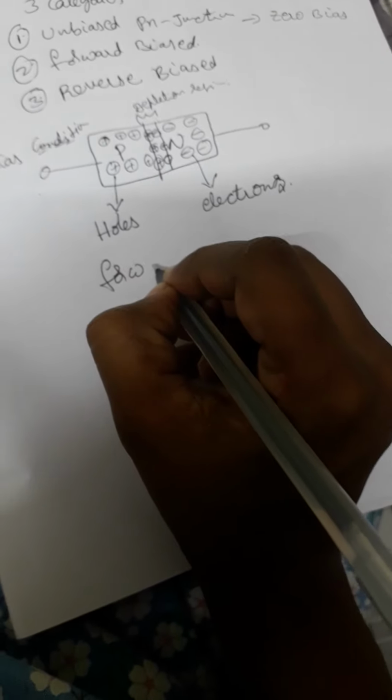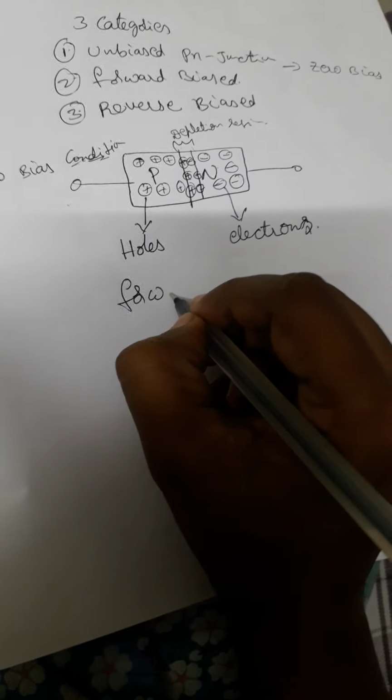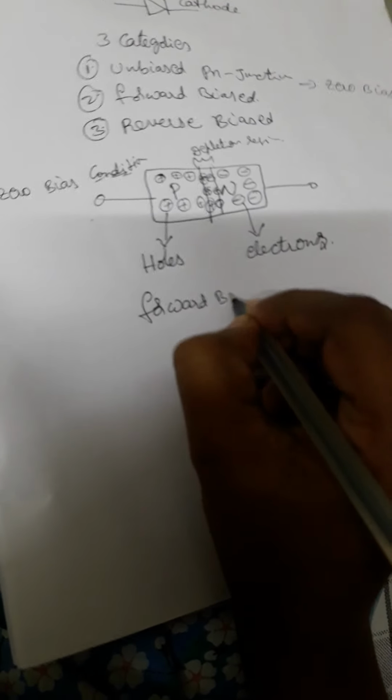Next, coming to the second one, forward bias. In forward bias condition, the diagram is like this.